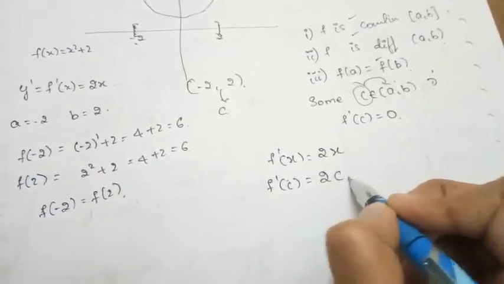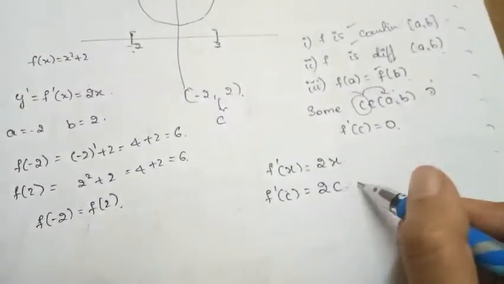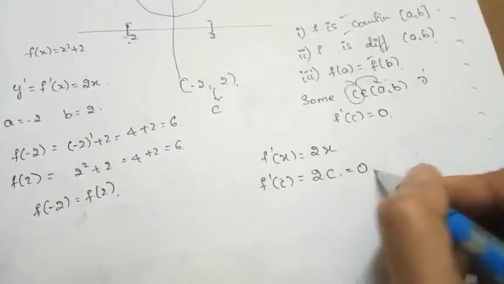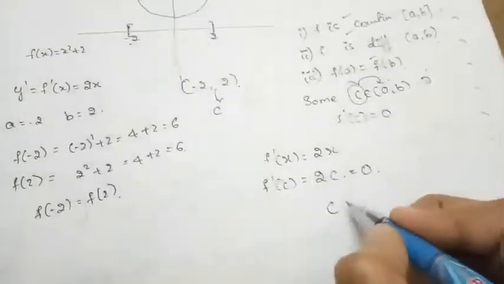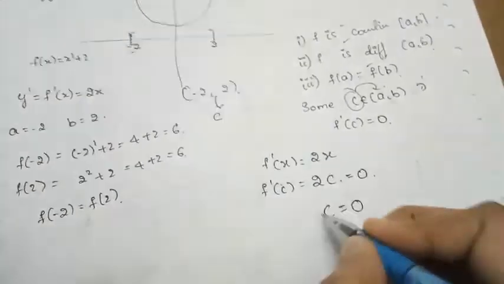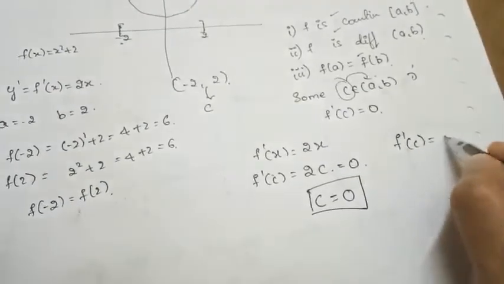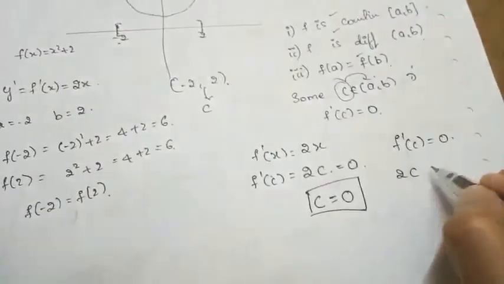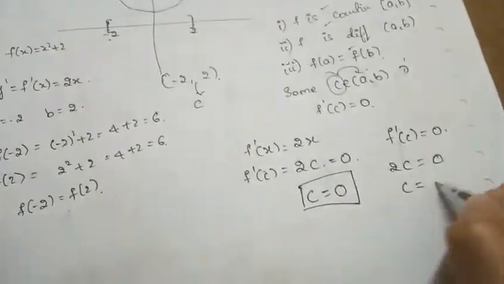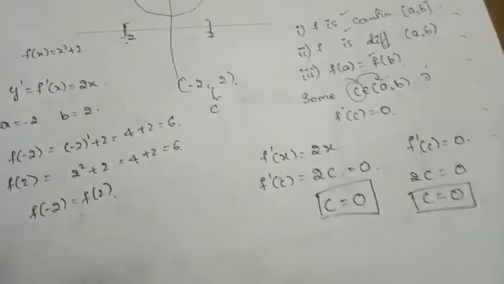It is nothing but 2c. So if f dash of c is equal to 0, what point are we going to get? It is nothing but the value of c is equal to 0. If I equate f dash of c, which is 2c, to 0, we get the value of c is equal to 0 here.